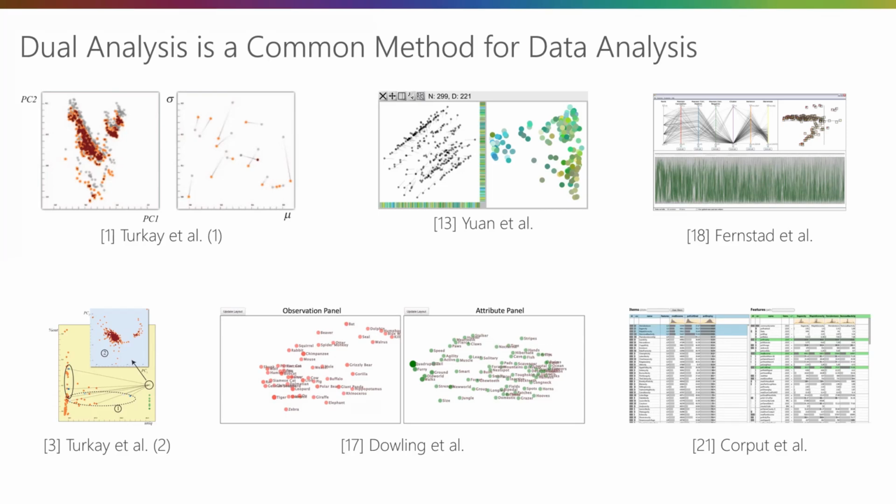Or you have, for example, the approach by Mennatallah et al. Or Corporate et al. That do not follow this principle of using scatter plots, but still they are dual analysis approaches since they have these linked views, one focused on data items and the other one on features.